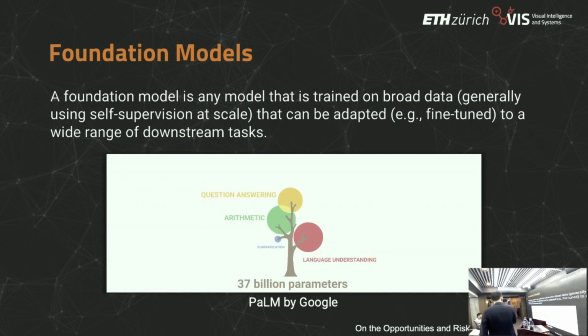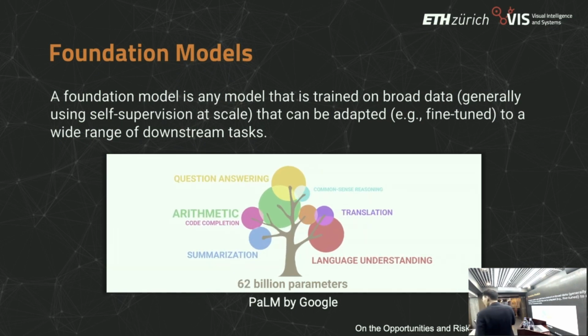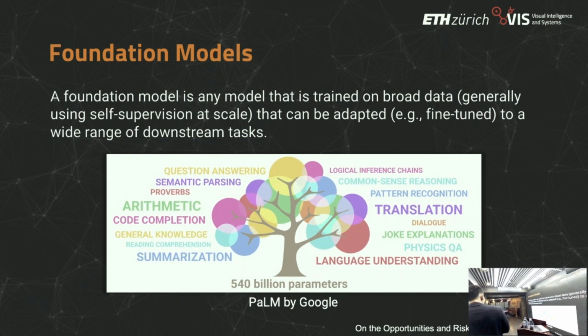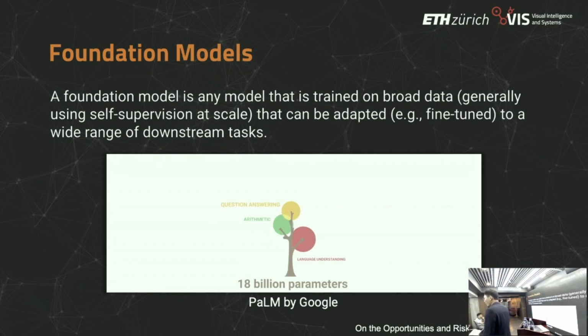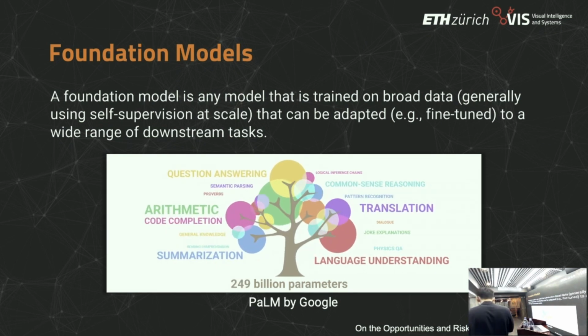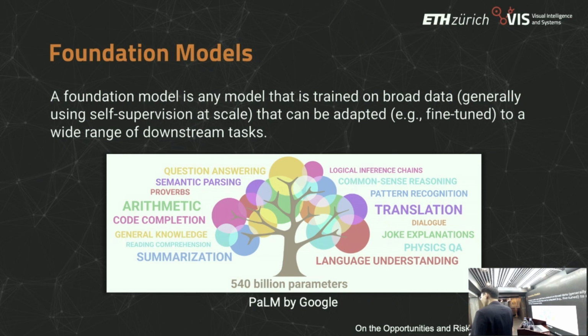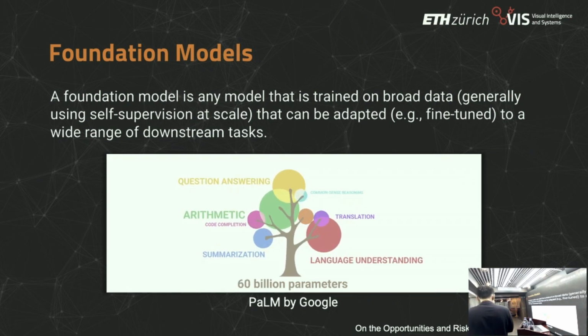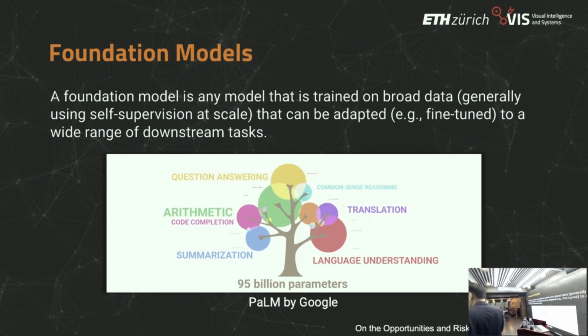For example, Google trained a model called PaLM. It has 540 billion parameters. What they found is that while we are scaling up the number of parameters, the model becomes more and more capable, and we can solve more and more complicated tasks.